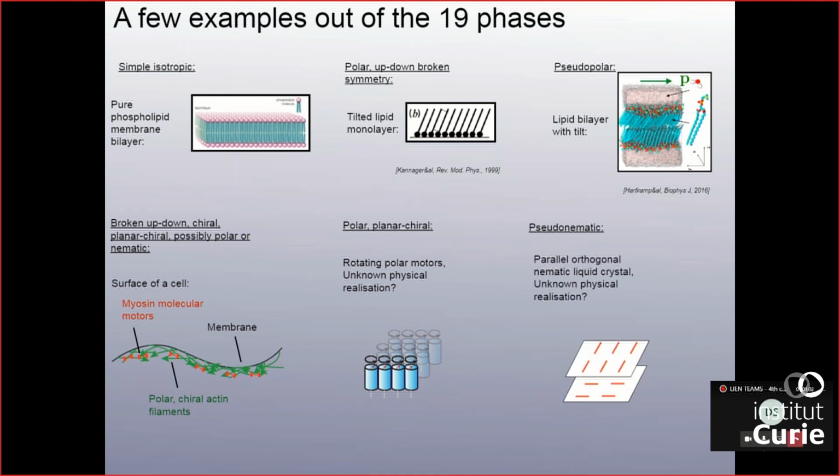Okay, and another example is a pseudonematic phase, which is made of 2 parallel layers with orthogonal nematic orientation. And it's pseudonematic because you can see I cannot choose a single axis. If I choose an axis on the upper layer, the axis on the lower layer is different. Actually, I will show later a possible biological realization of this phase.